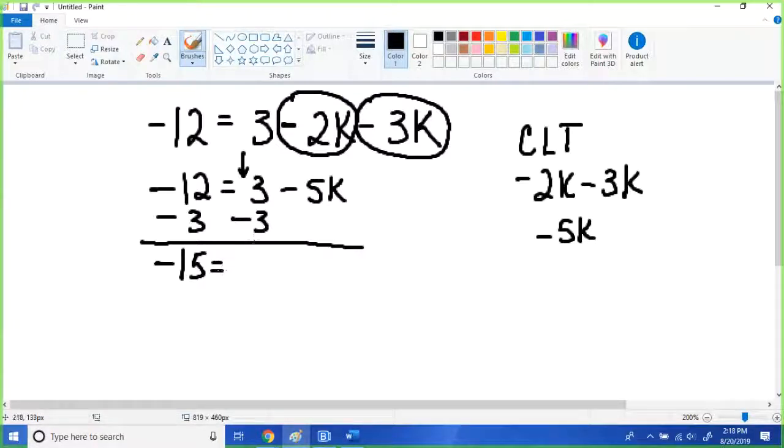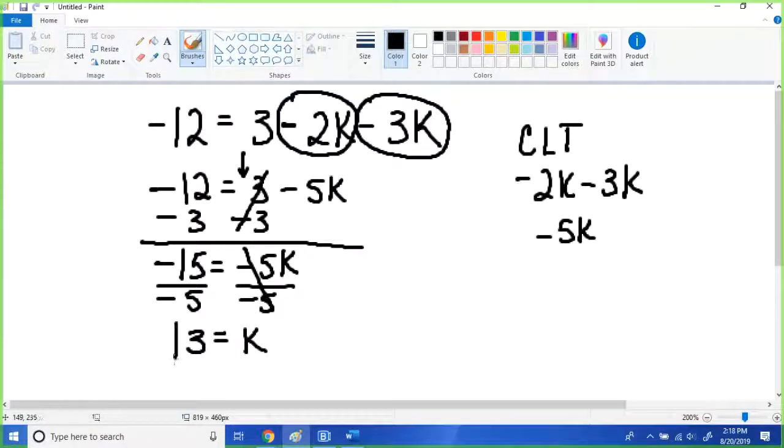Bring down your equal sign. 3 minus 3 is going to cancel out, and we're just going to bring down the negative 5k. Okay, to get k by itself, we're going to do the opposite operation and divide negative 5 on both sides. Negative 15 divided by negative 5 is a positive 3. Negative 5 divided by negative 5 is 1, so it's going to cancel out. We're going to bring down k.